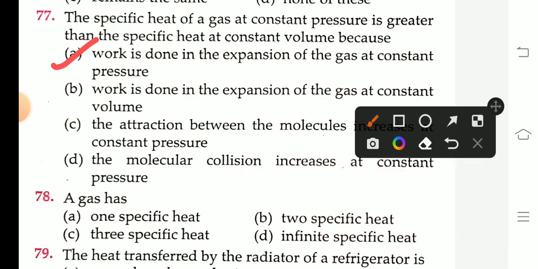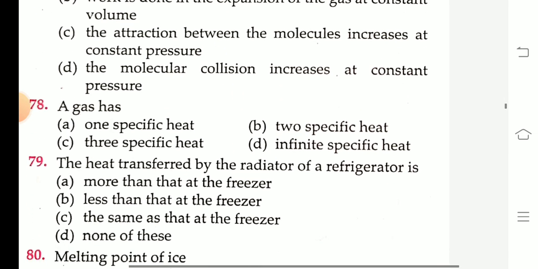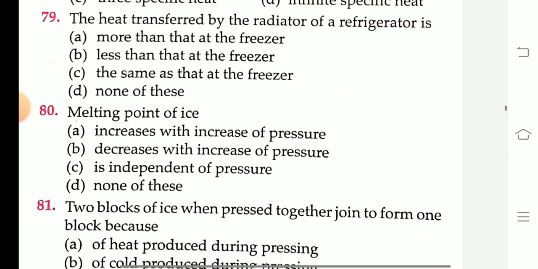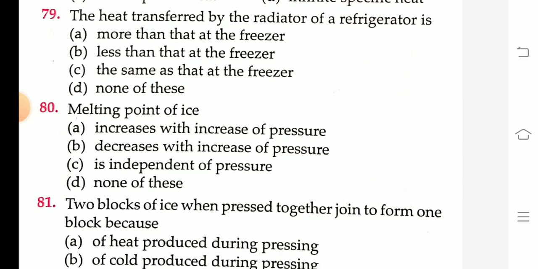Next, a gas has. Right answer will be option D. Infinite specific heat. Next, the heat transferred by the radiator of a refrigerator is.